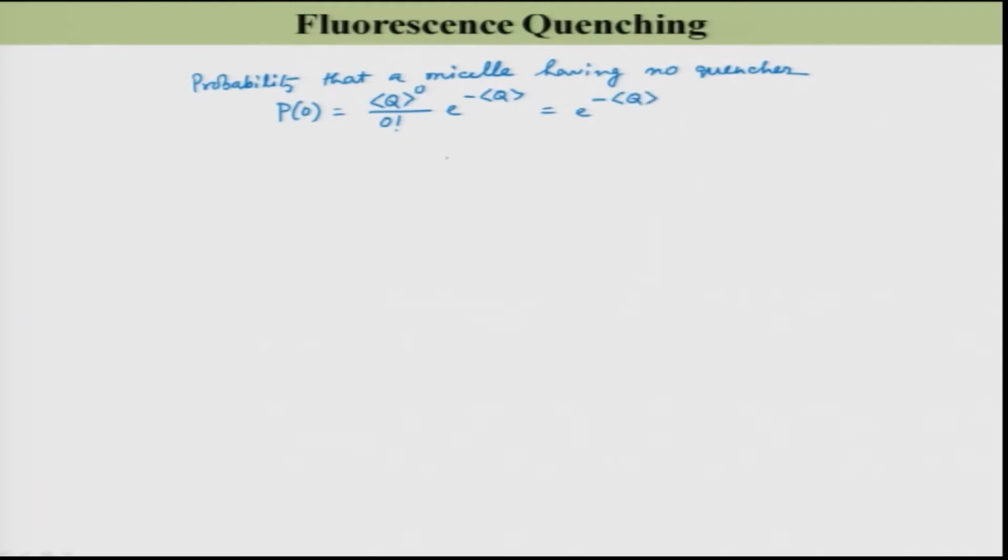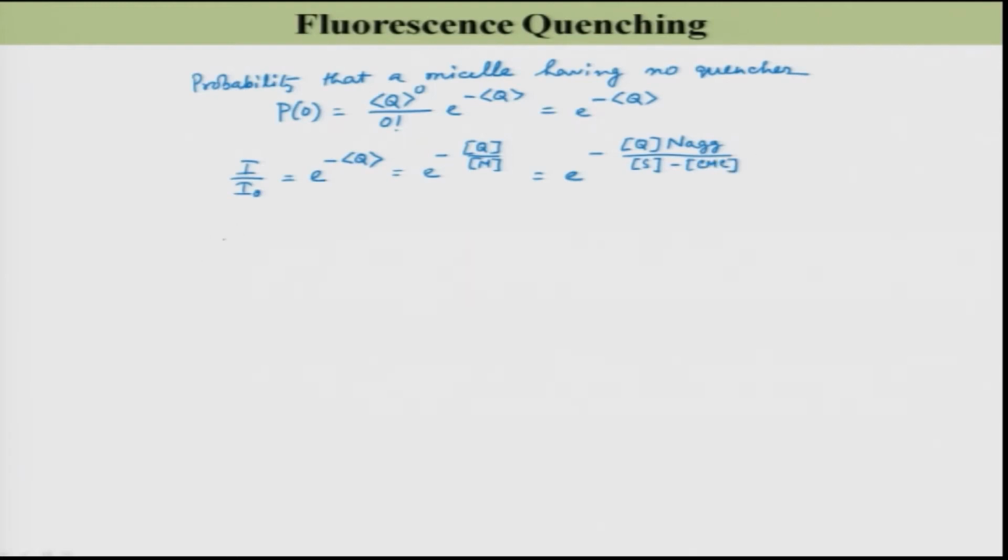So, here this means I by I0 is equal to e to the power minus average Q, which is equal to e to the power minus Q by M, which is equal to e to the power minus Q times n aggregation, because I know this means S minus that CMC value, whatever it is.